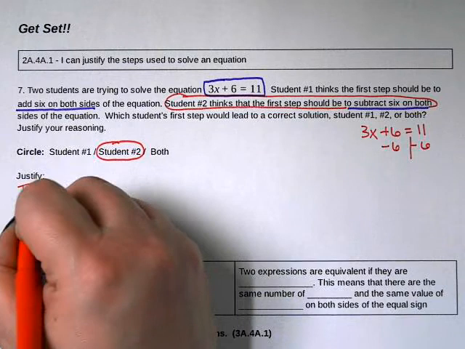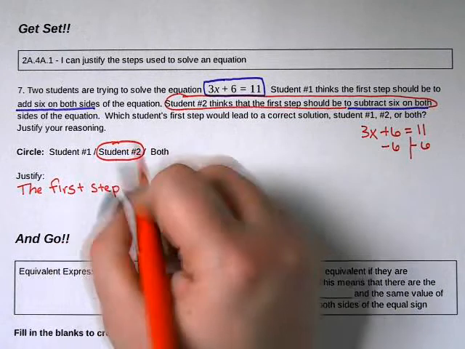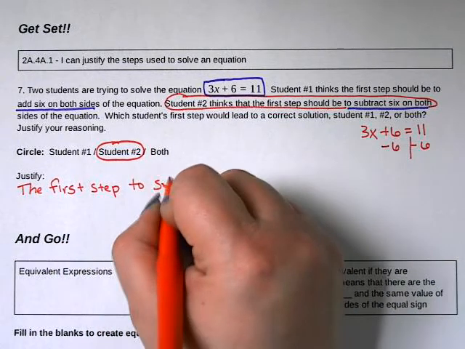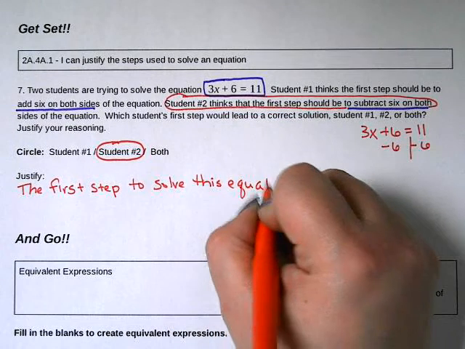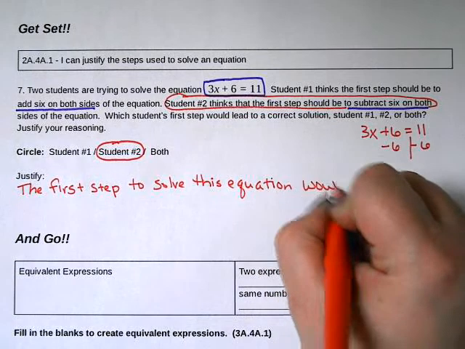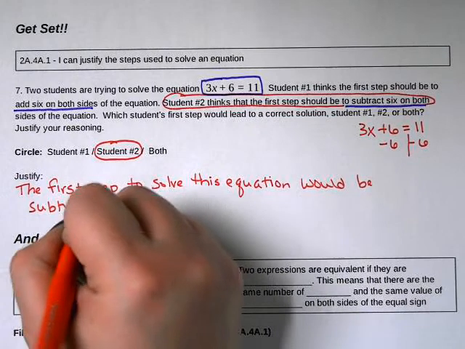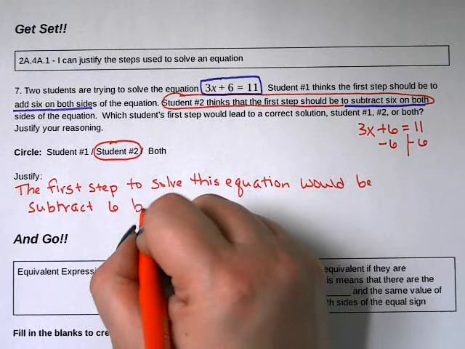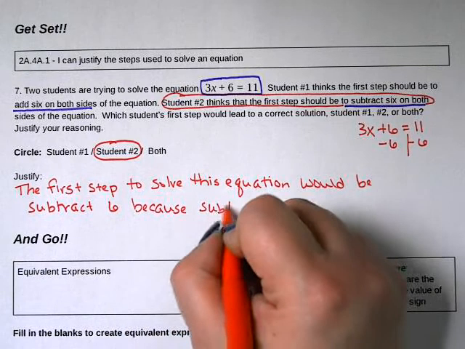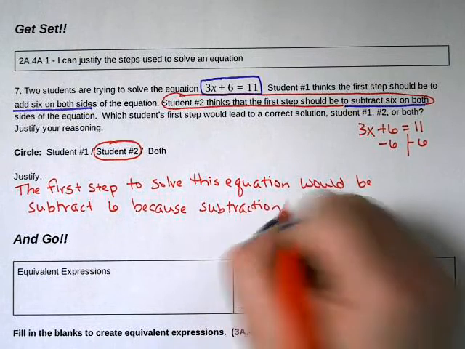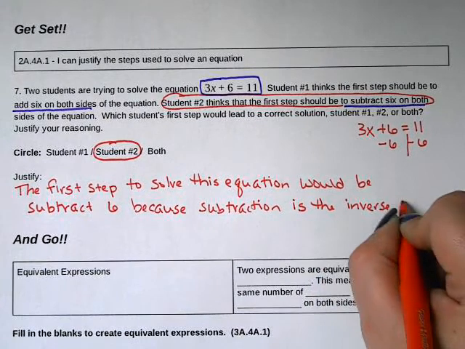We know that the first step to solve this equation would be subtract 6 because subtraction is the inverse of addition.